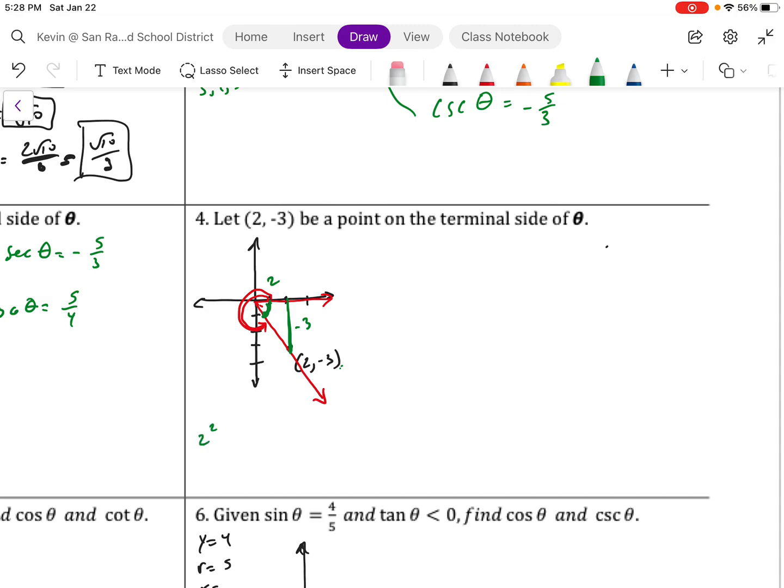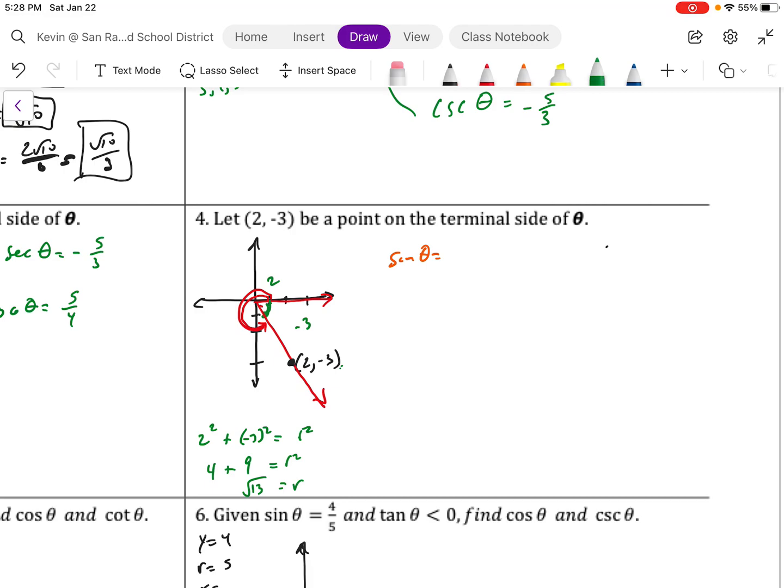We have to do our Pythagorean. So 2 squared plus negative 3 squared equals r squared. 4 plus 9 equals r squared. And so we have r equals the square root of 13. And now we can do all of our sine theta equals, oh shoot, get this point back here.